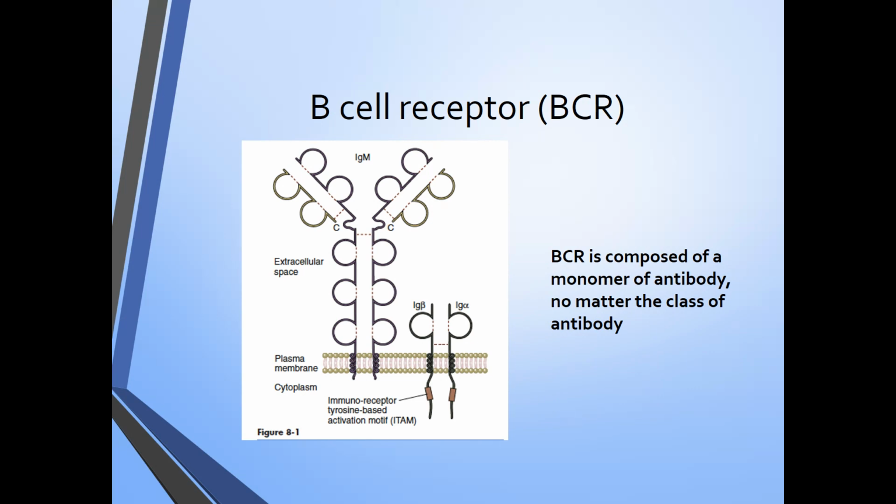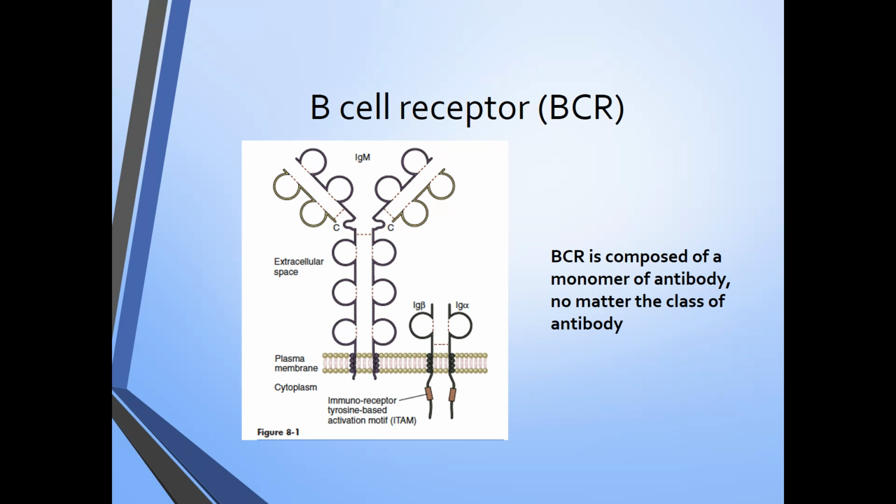Okay? And the B cell receptor also is composed of a couple other components, Ig beta and Ig alpha. As you can see in this little cartoon, the IgM is attached into the plasma membrane, and there's very little that goes into the cytoplasm. So there's really not much there to allow the B cell receptor, the monomer, to communicate with the cell to let it know it's been engaged.